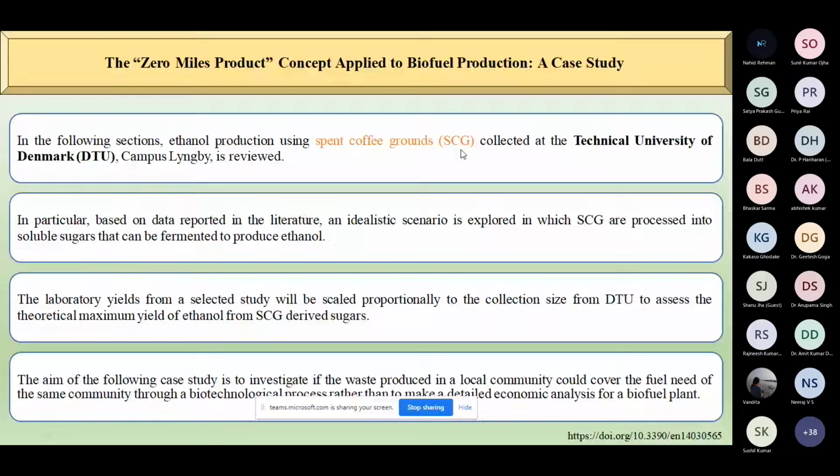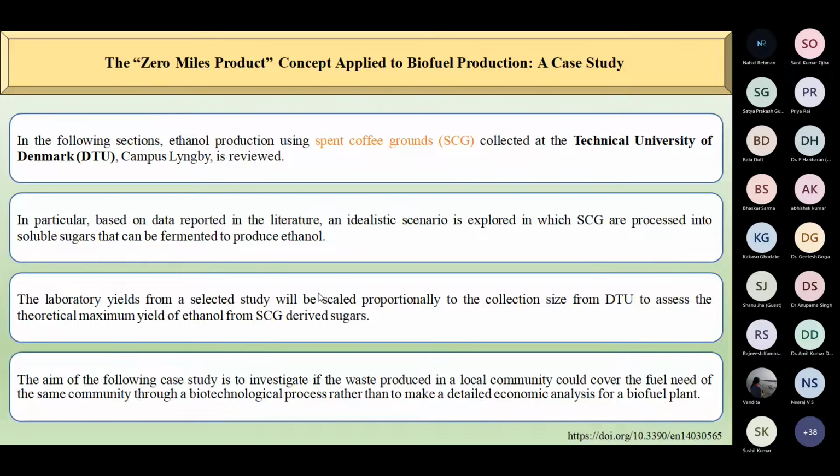So what was the aim? The aim was that the waste product which is being produced in a local community, can it cover the fuel need of the same community through the biotechnological process, rather than making a detailed economic analysis for a biofuel plant. Okay, so they extracted the sugars from these spent coffee grounds, which were collected from that region and used at different restaurants.